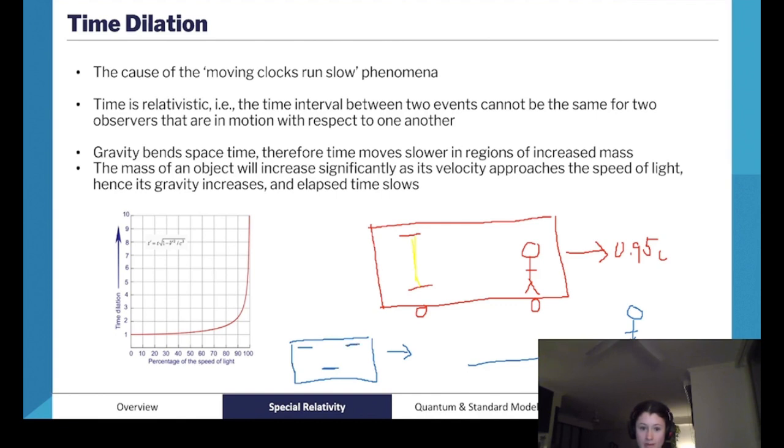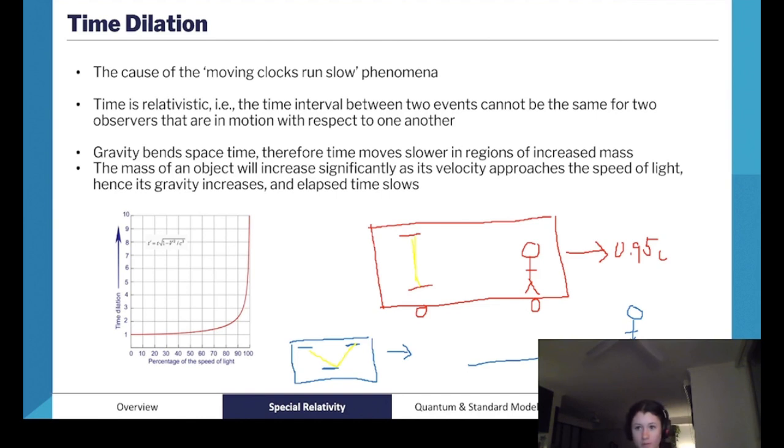So what he's seeing is the light actually bouncing back and forth like this. Instead of going back and forth over itself, like the red person is seeing, he's actually seeing the light move forwards as well because he's observing the whole train moving forwards.